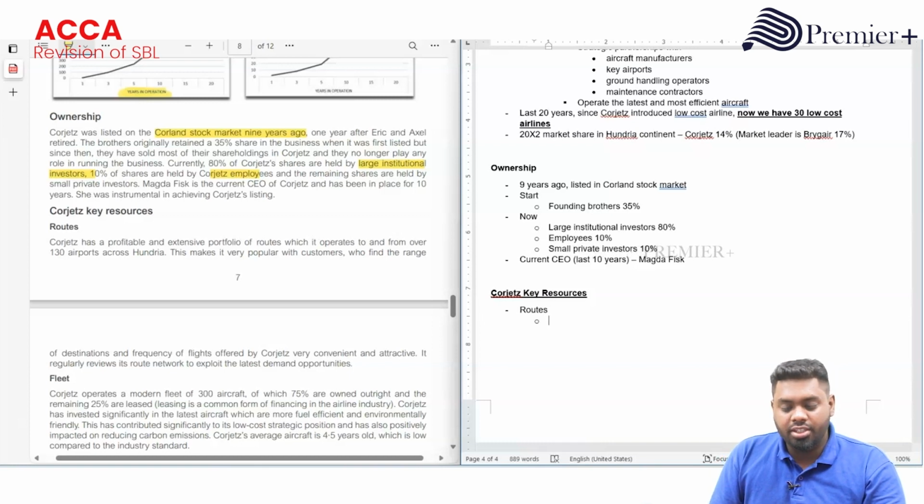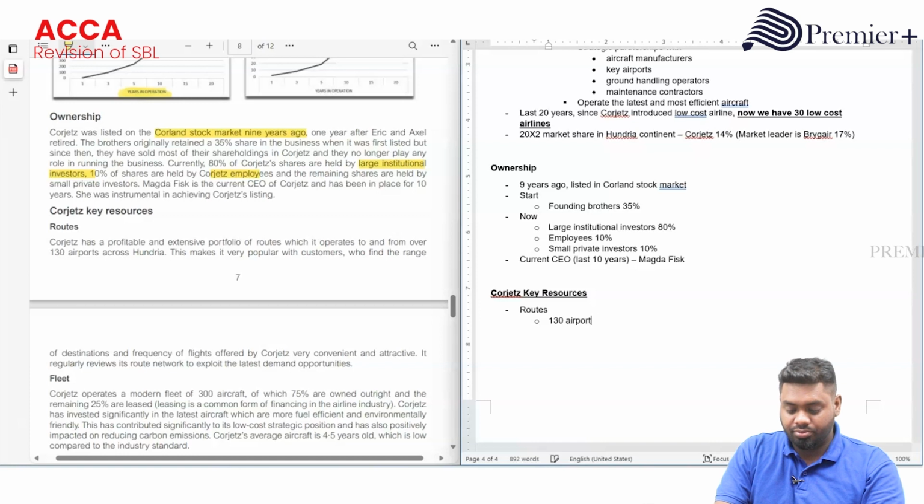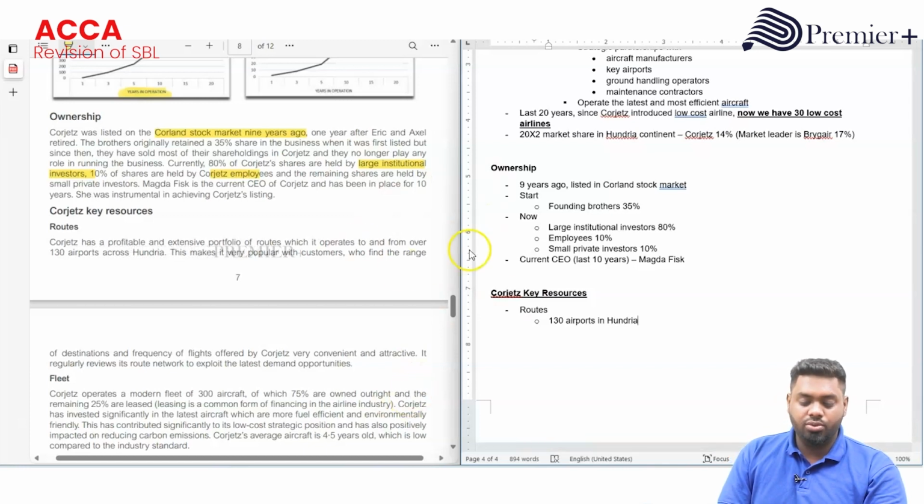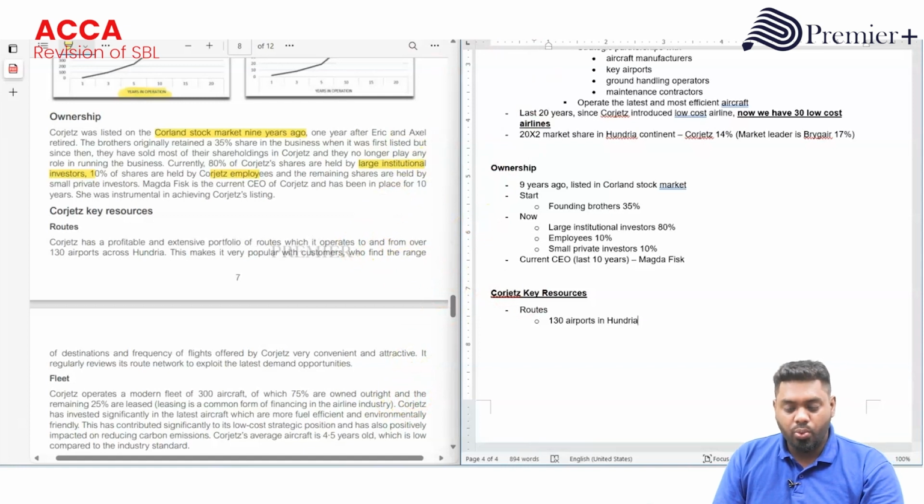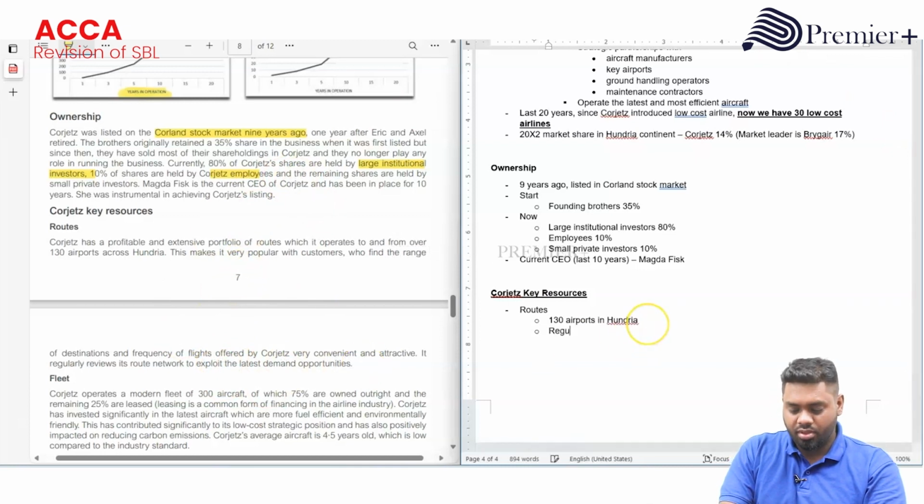Courgettes has a profitable and extensive portfolio of routes which it operates to and from over 130 airports across Hungary. This makes it very popular with customers who find the range of destinations and frequency of flights offered by Courgettes very convenient and attractive. It regularly reviews its route network to exploit the latest demand opportunities.